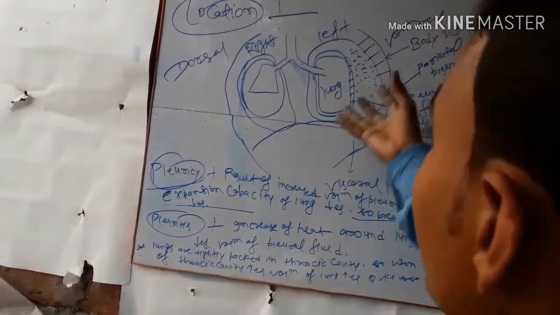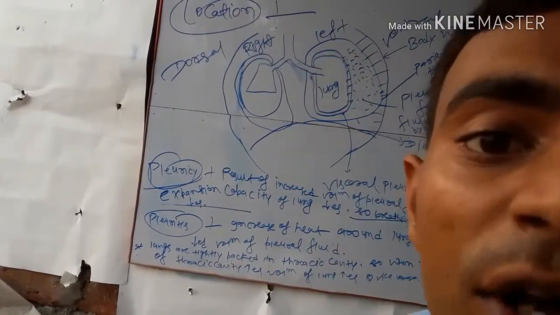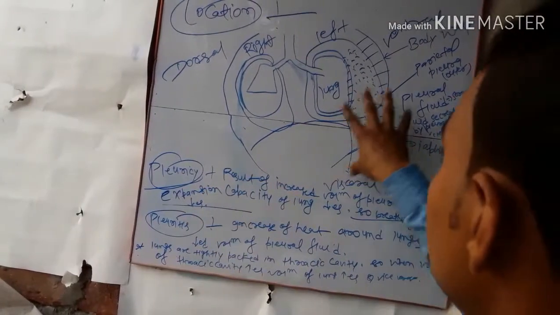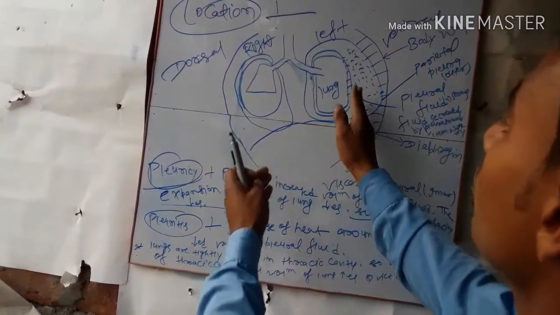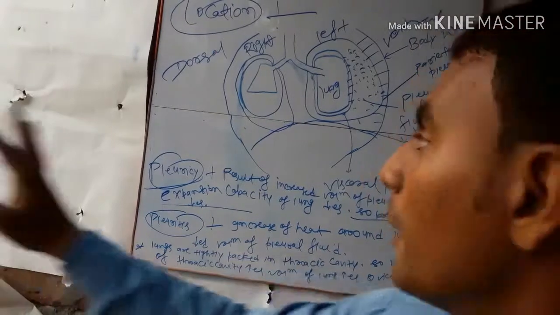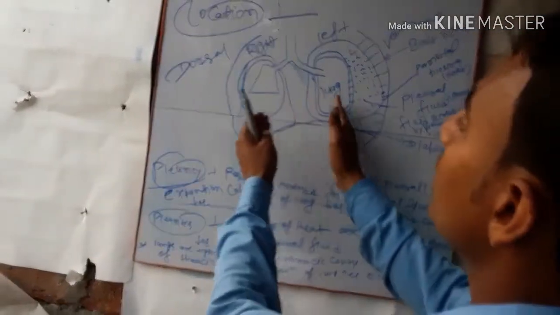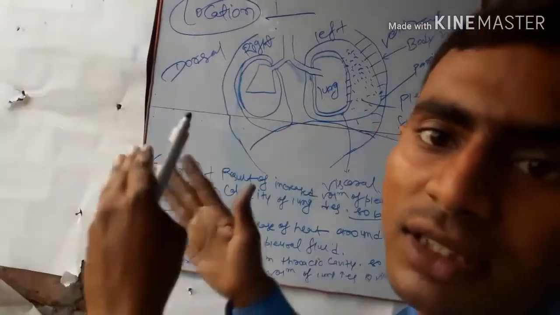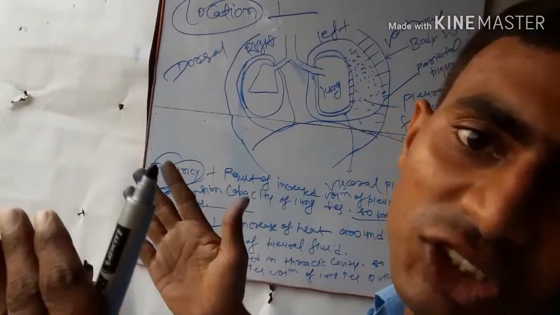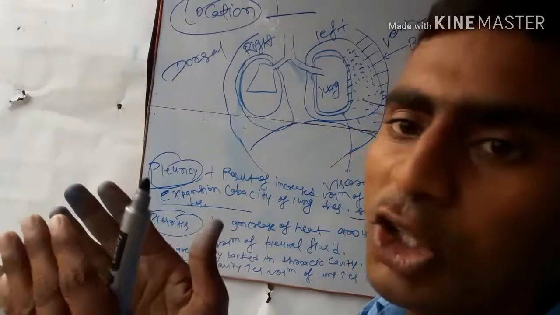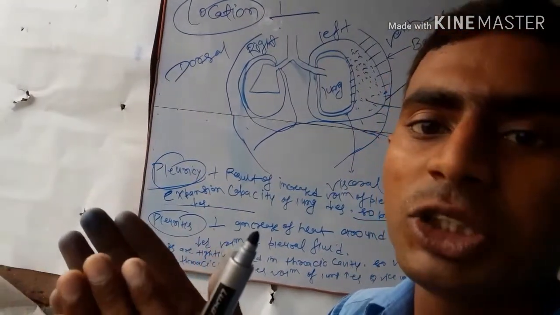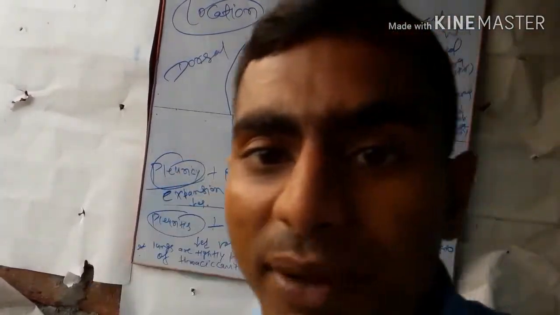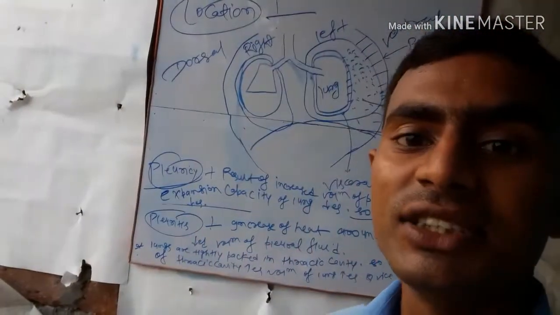When the volume of pleural fluid increases, the expansion capacity of the lungs decreases, so breathing capacity decreases.